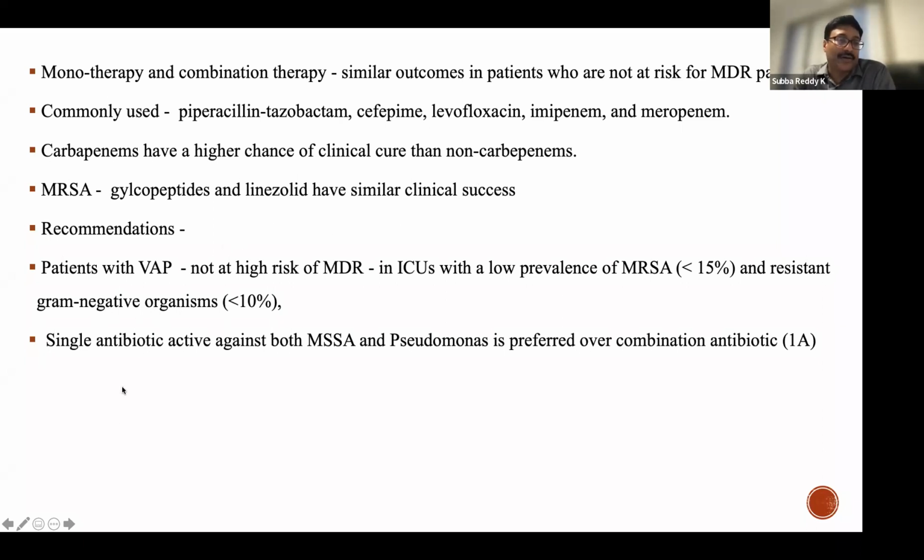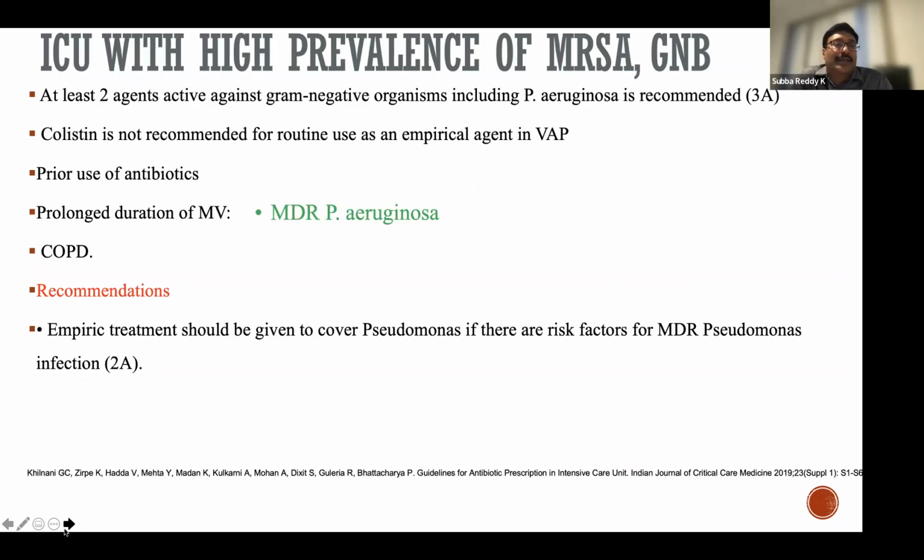For patients with VAP who are not at high risk of MDRs in ICUs with low prevalence of MRSA, we see more gram-negative organisms in those ICUs. The incidence of MRSA is less in those ICUs, but in the Western world, gram-positives are more common. In our ICUs, gram-negatives.